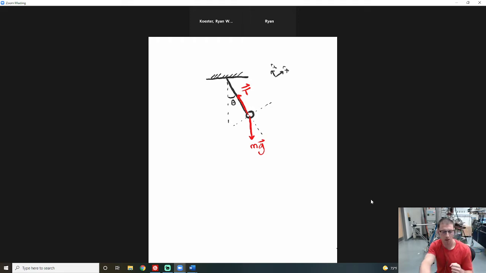Okay, cool. Now we can see, I think, that this angle should also be theta. It's a very small theta, but I'm just saying that these angles are the same, right? And so, if we want to think about the torque on this thing, let's see what that looks like.